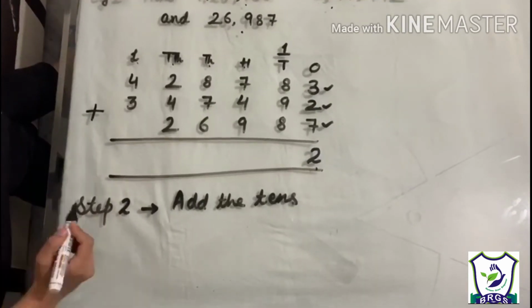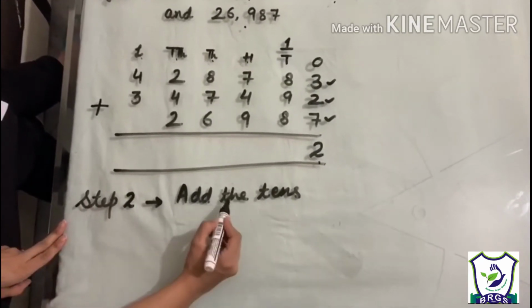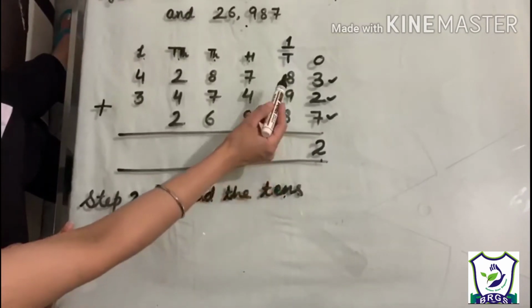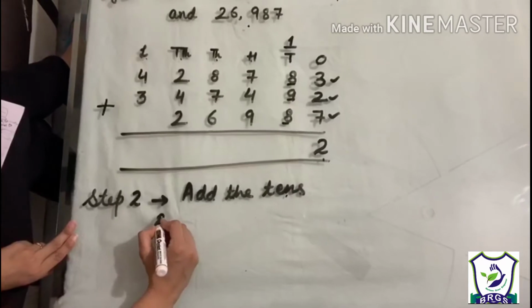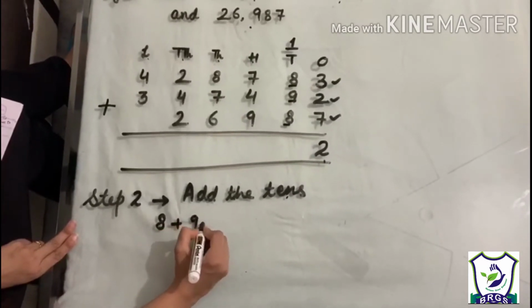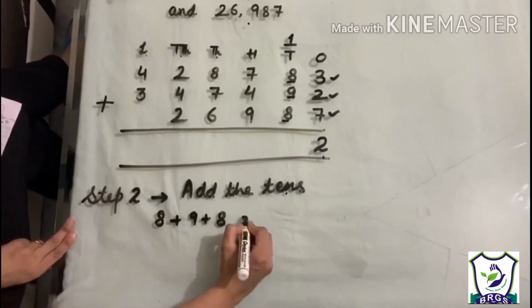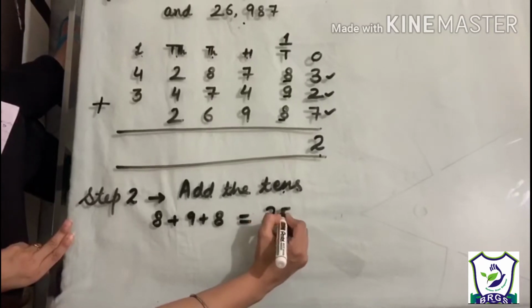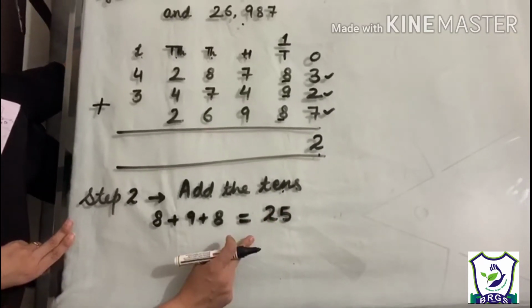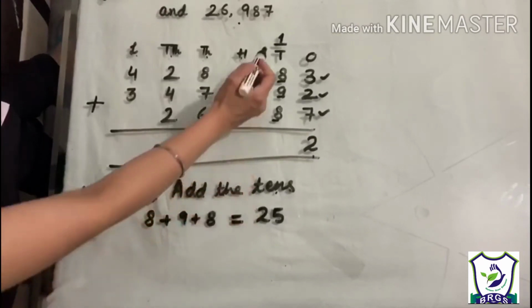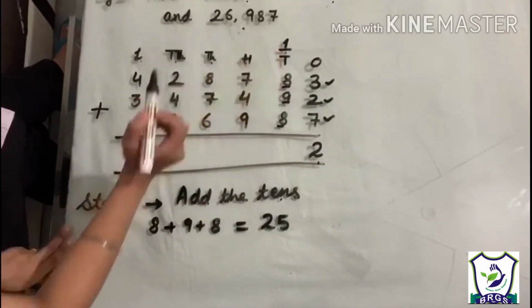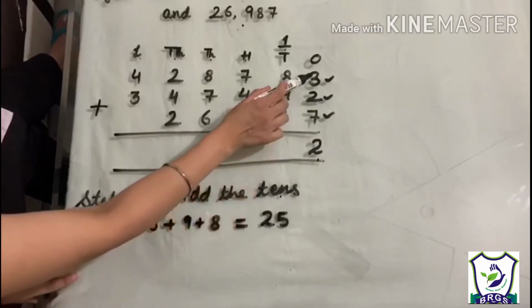Now step 2. In step 2 we will add the tens. What are the tens here? 8, 9, 8. So we will add the tens: 8 plus 9 plus 8, which is equal to 25. And remember one thing here, don't forget to add the 1 which you have carried over from the ones.